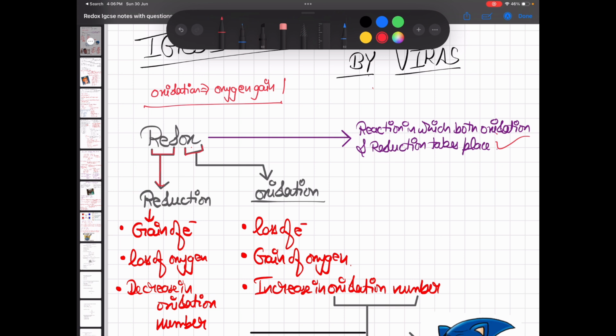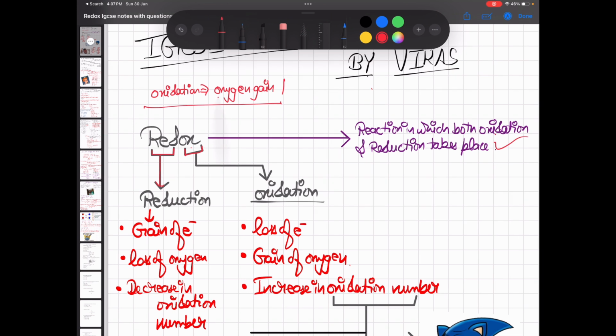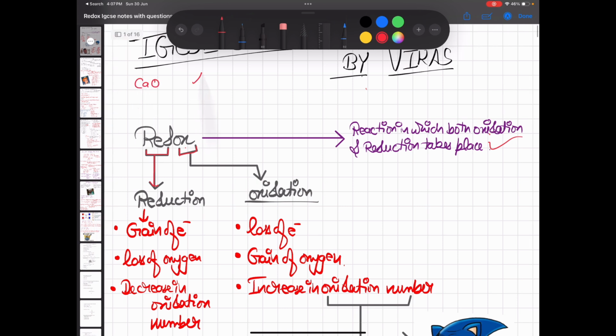Now, in order to understand it more conceptually, we need to understand what is the role of oxygen. All of you must have seen that whenever oxygen combines with some element, let's say calcium oxide is here, then you have aluminum oxide.